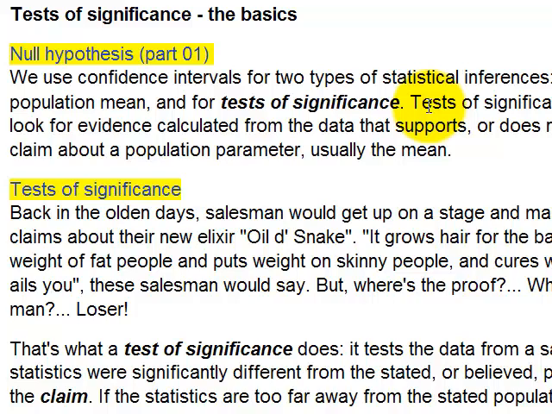Let's say the National Football League says that the average football player weighs 232 pounds, something like that. So our original null hypothesis would equal, right, that the mean equals 232 pounds. And then we would try to either prove that or reject that using statistics, okay? But that's what we're going to do with tests of significance.